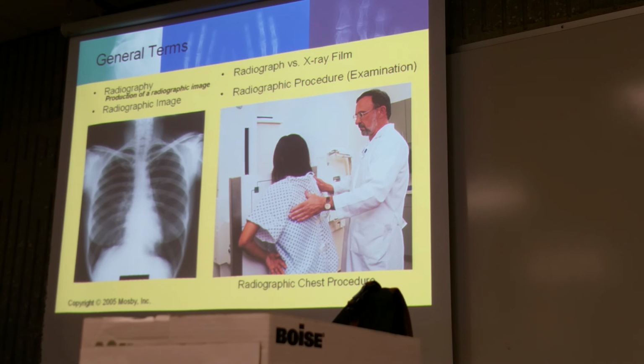Now, if you make a mistake, or if there's some slight nuance in the technical factors that you select, you can't see it on your image anymore because the computer has algorithms to correct your image, and it looks great every single time. You guys remember that? 146?